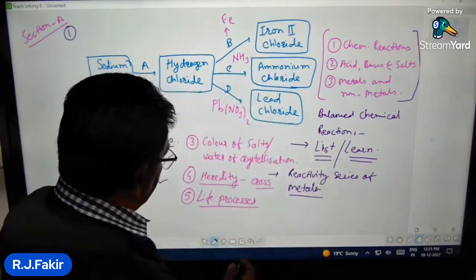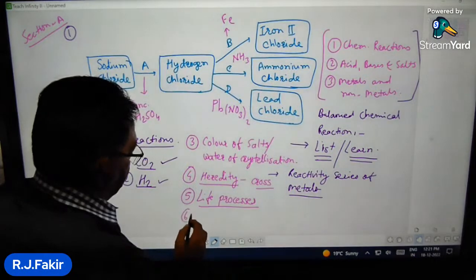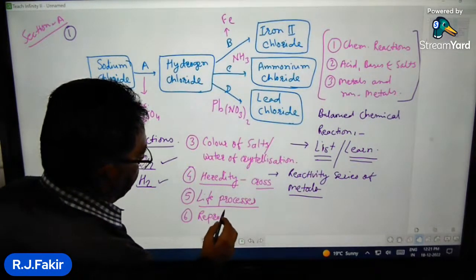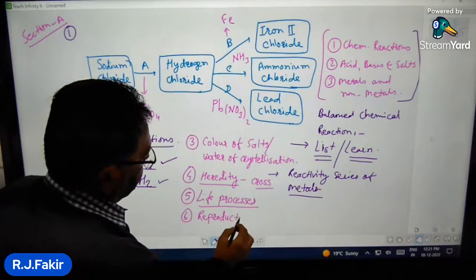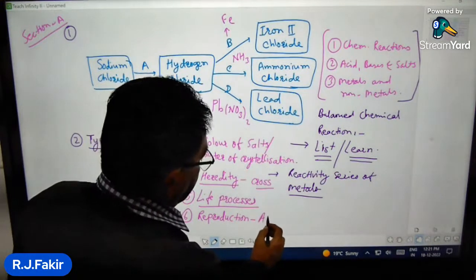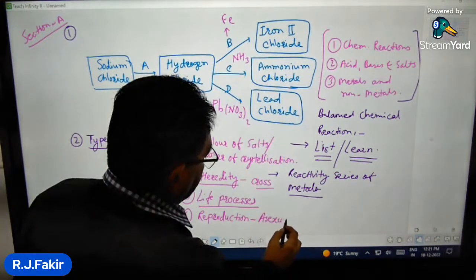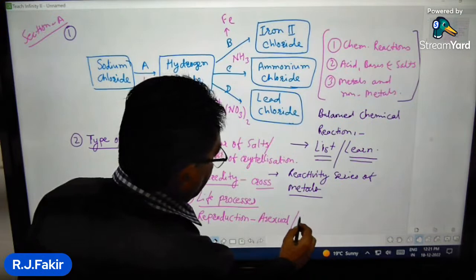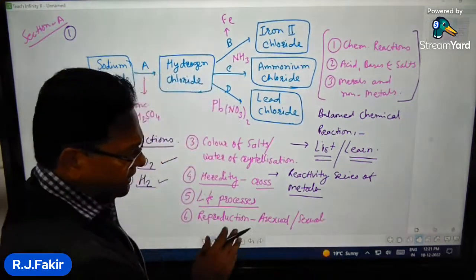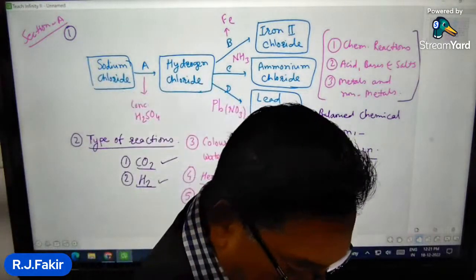And one question on the reproduction chapter. The two types specifically, sexual and asexual types, what are their advantages and disadvantages, like this.